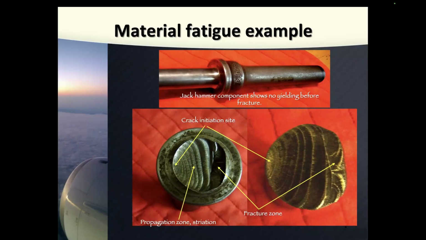Then we can see these striations as the crack grows. It makes some damage to the material until final fracture, and this fracture zone is in this area here. So it's very easy to recognize when fracture is caused by crack growth. One of the reasons why I'm showing you this is that you will see later that we can simulate this kind of phenomenon using the finite element method and the extended finite element method.